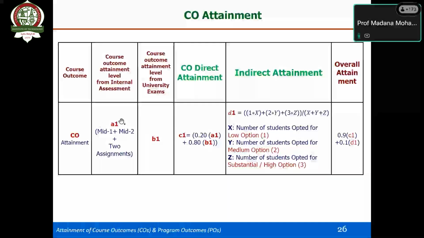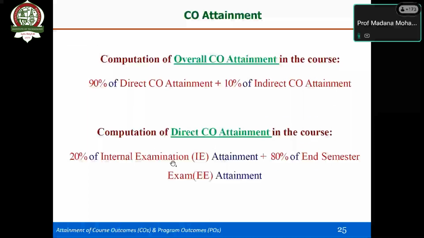First for internal, you have mid 1, mid 2, then 2 assignments. Again mid-wise you have objective and descriptive. Then for the university examination, let us assume the level is B1, and the internal level is A1. Then how to calculate CO direct attainment? Go back and check the direct attainment formula. Here you can see 20% of internal plus 80% of external examination.